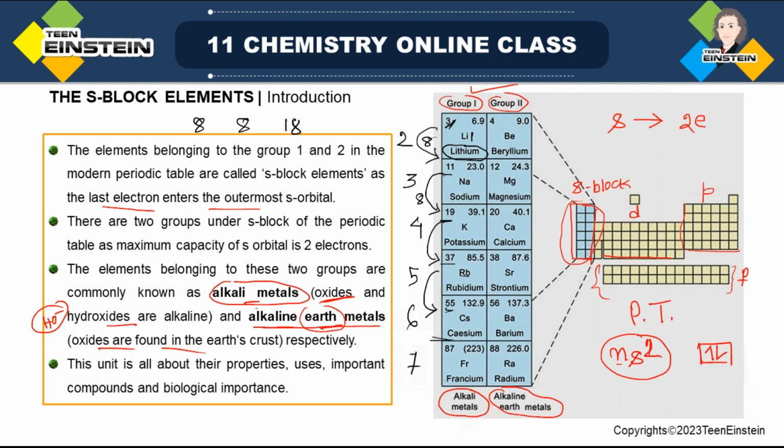8, 8, 18, how are we getting it? Because 8 is ns2 np6. So total number of electrons 2 plus 6. Same explanation is there for the other 8. But when it is 18, that means except 8, 10 more electrons, and that is coming from d orbital. And when it is 32, that means some more electrons are there, 14 electrons more. So where is it coming from?